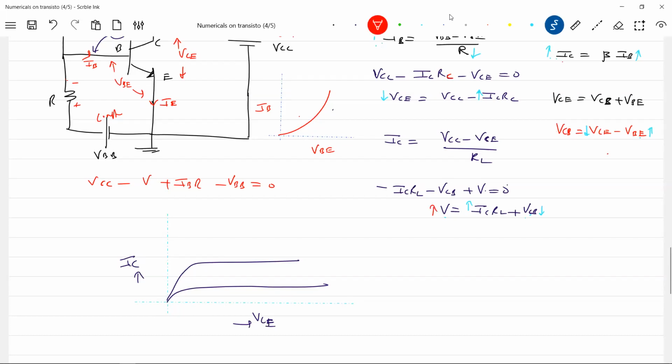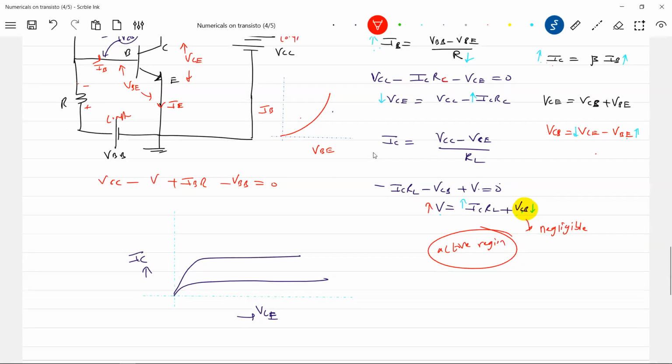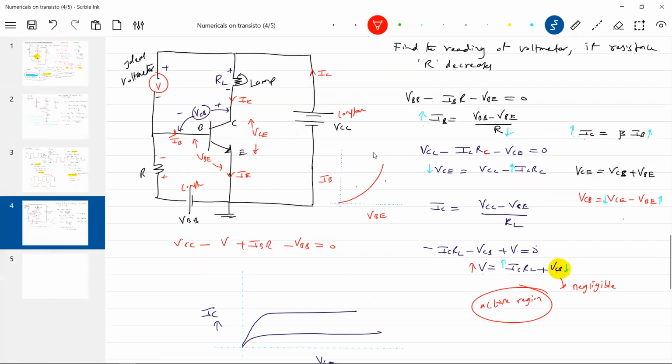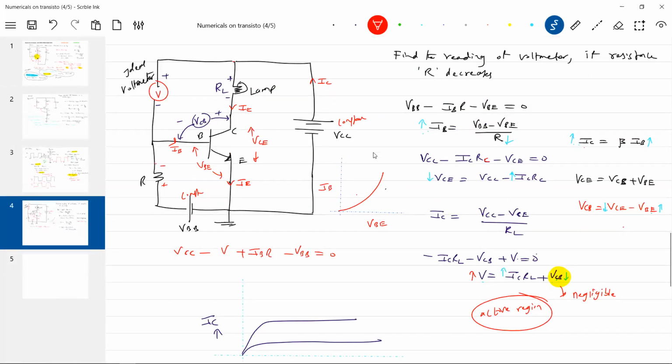This will be negligible, we'll write it, provided what I discuss is active region, strictly condition. Saturation, cutoff, we should not discuss this concept. This will be a more dangerous problem. It's available, I think, in some of the textbooks.